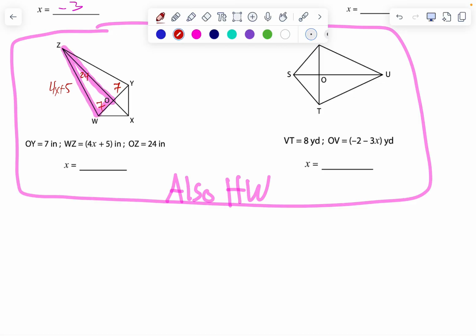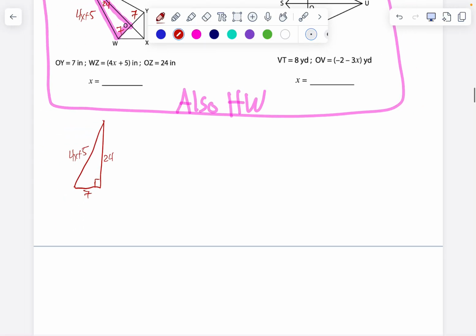Guys, sometimes it's helpful. Actually, I want you to do this, to redraw that. Like that. And now we see it's in a right triangle. The thing to be careful with on this one is, well, you guys tell me. I'll write it, but I want you to tell me what to be careful with on this one.